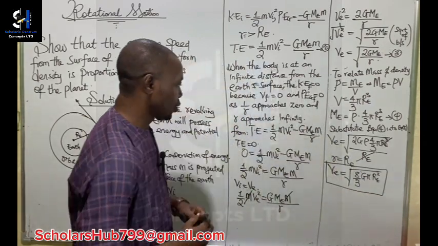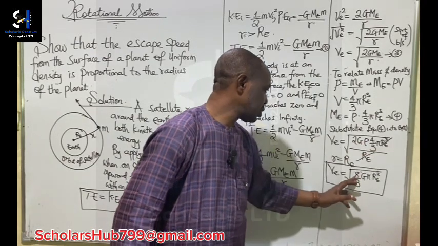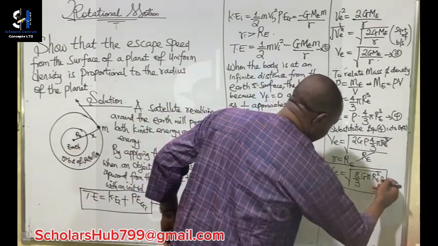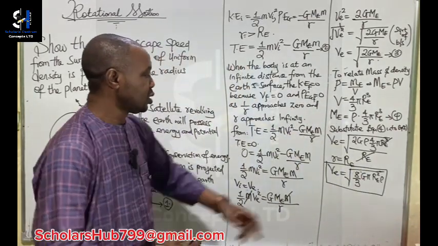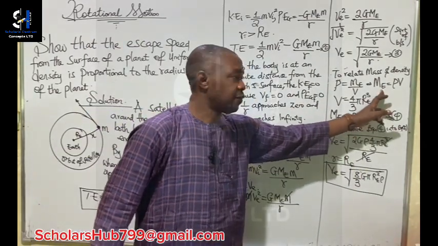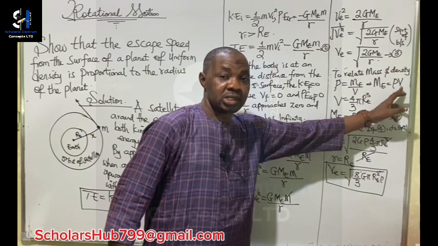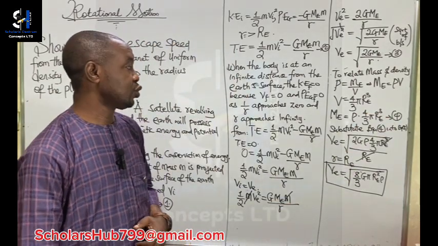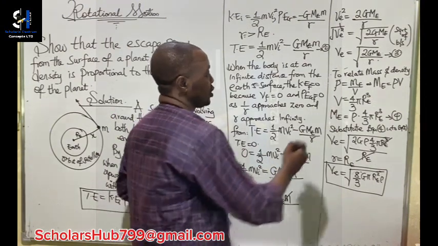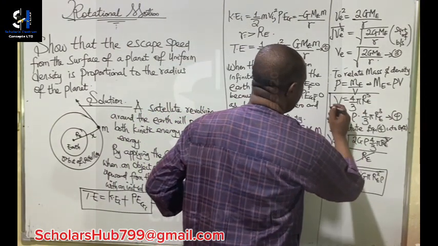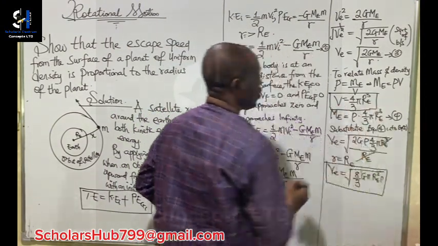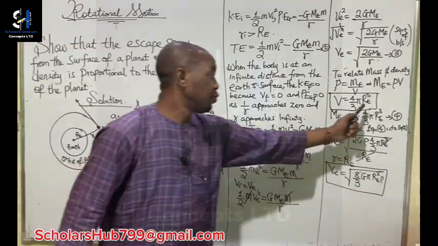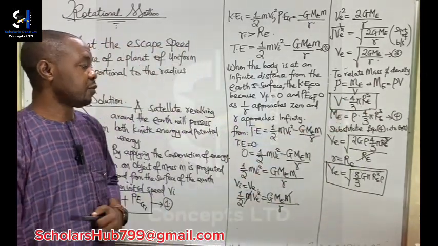Let's confirm that: 2 times 4 is 8, multiplied by G, then also multiplied by density. Because the mass of the earth equals density times the volume of the earth, and because the earth is spherical, the volume of a sphere in terms of the earth will be the radius of the earth raised to the power of 3.